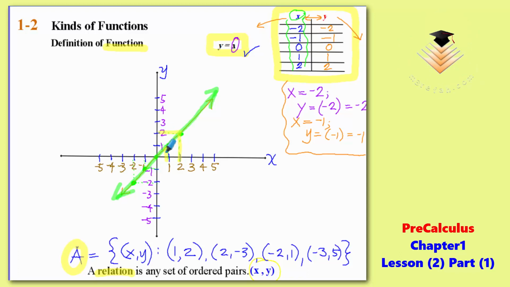Now the same goes for every point that we took and defined for our x here. We only got unique values for y. Now this one is a function.